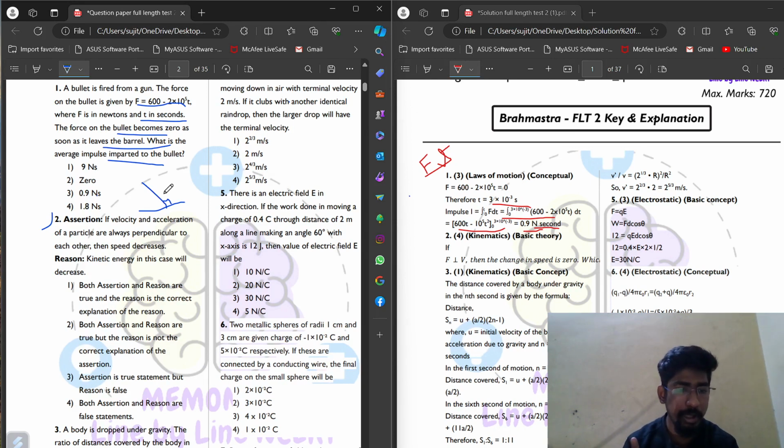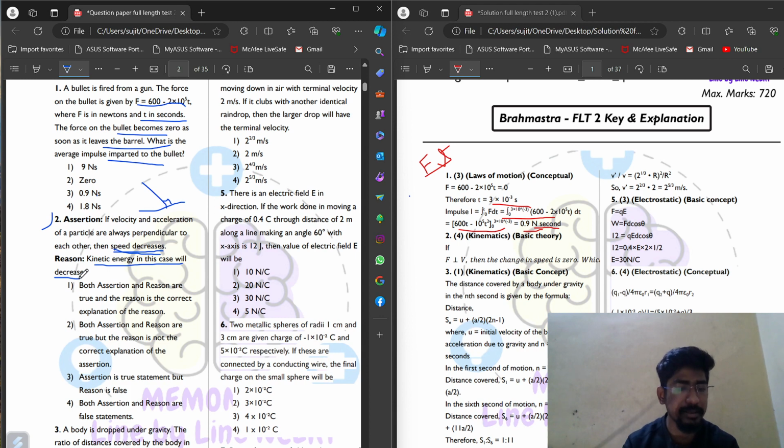So therefore, whatever it said, that the speed decreases when perpendicular, I think this is wrong, right? The speed will not change. And the kinetic energy in this case will decrease?